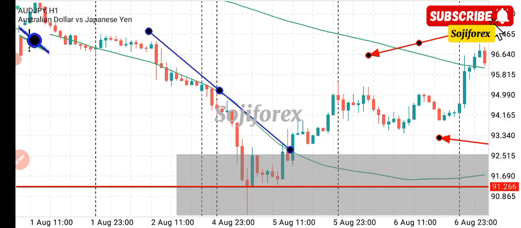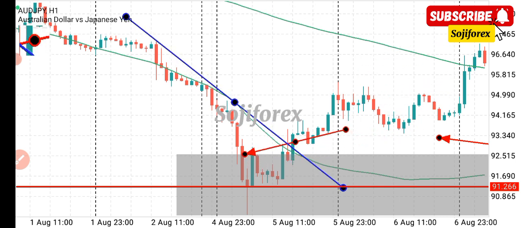Line that is connected to this price. Look at what happened. First, on this zone, I have this pin bar that was formed. After this pin bar, I have this follow-up candle, a bullish engulfing candle. So this becomes my entry trigger.